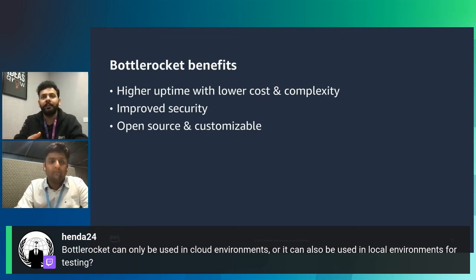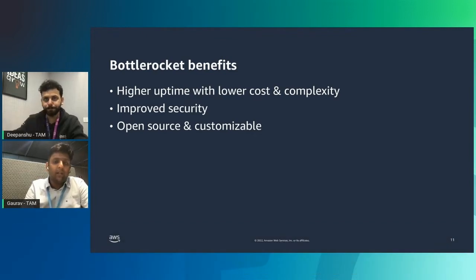So it's available on the cloud. But you can definitely go to our GitHub page, go to issues, and raise a request showing your interest in getting Bottlerocket locally so that you can do your tests. So it's tailored for Amazon cloud and for hosting containers in the cloud. That's where it's best used.